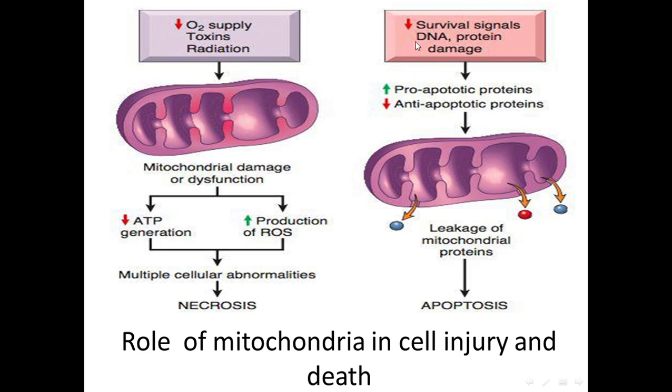While in apoptosis, there will be a decrease in the survival signals, DNA and protein damage, and this will increase the pro-apoptotic proteins with decrease in anti-apoptotic proteins. This will lead to a leakage of mitochondrial protein with later on apoptosis. The plasma membrane in case of apoptosis remains intact. That is why there is no inflammation associated with apoptosis.